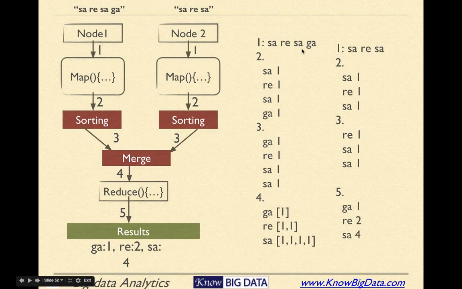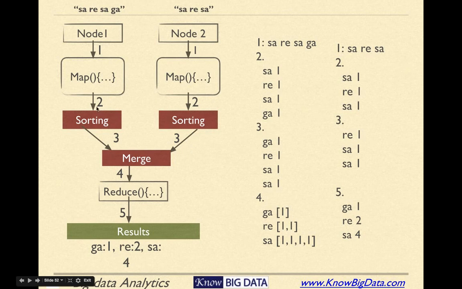So you can see that Sa Re Sa Ga became Sa, Re, Sa, and Ga. That was done by our map function. Similarly, on the second node, in parallel, our map function is being executed against the input data, and it becomes Sa, Re, and Sa. For each word, we are forming a key value pair.